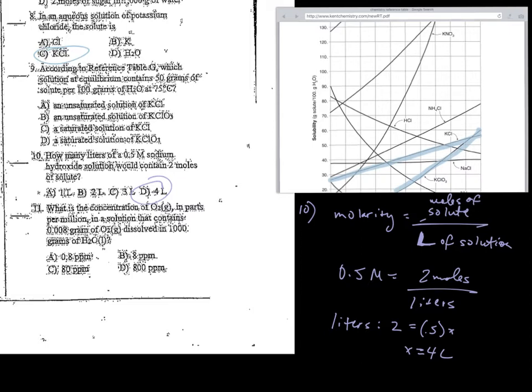All right, number 11. What is the concentration of O2 in parts per million in a solution that contains that much O2 dissolved in that many grams of H2O? So this is another parts per million question. I told you guys not to focus too much on this, but still, good practice anyway.